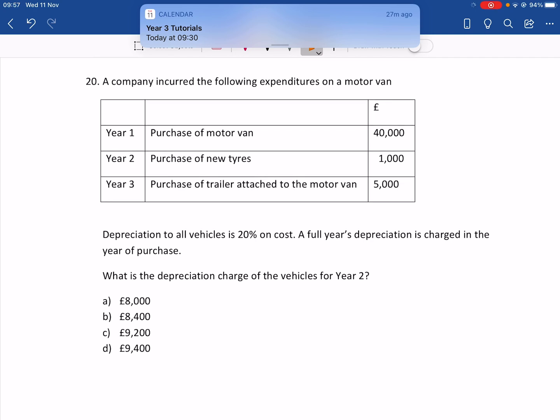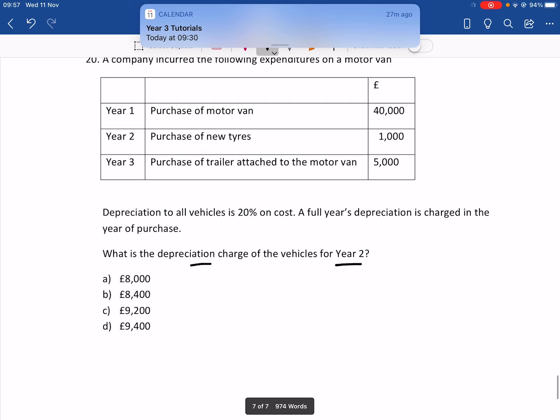And then finally, again one we've done a few times, purchase of a motor van. This time it said depreciation of all vehicles is 20% on cost. Full year's depreciation is charged in the year of purchase. What's the depreciation charge in year 2? I'll do what I did in the previous question. So year 1, we got the motor vehicle, which is £40,000. Purchase of new tyres isn't capital expenditure, so we don't include that.